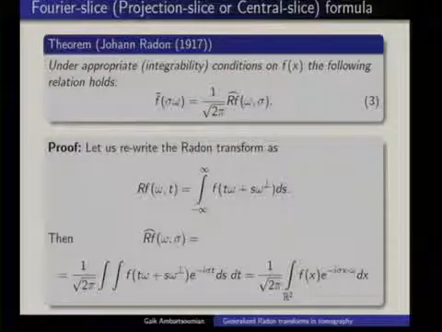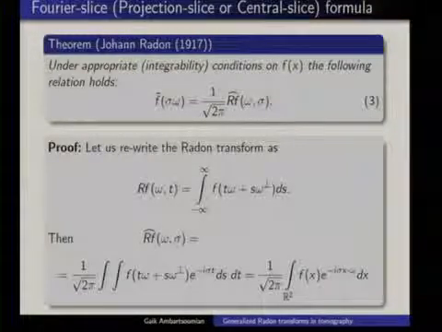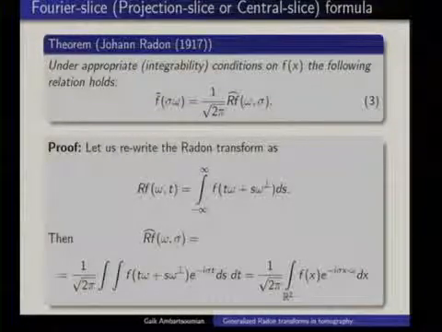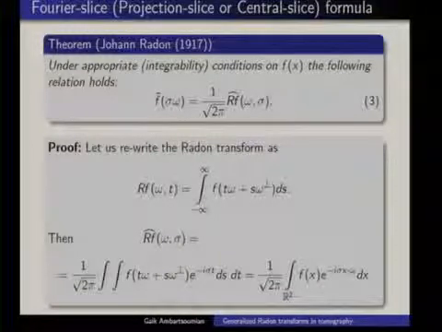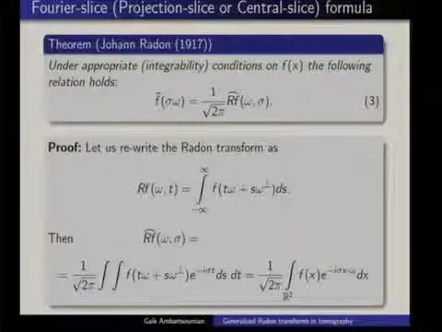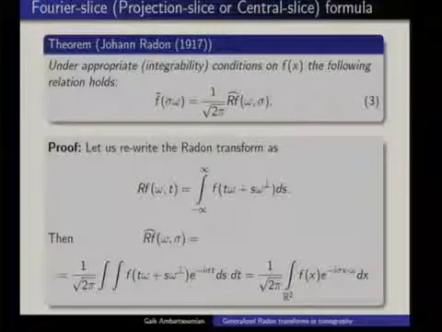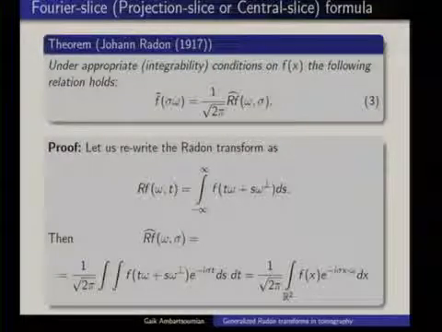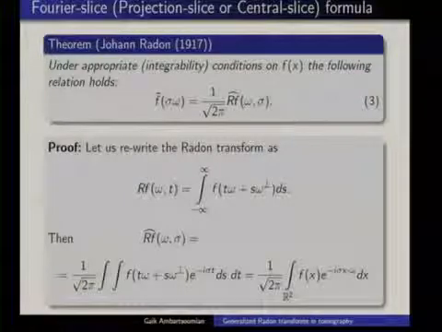And you can do a change of variables, basically a rotation. You'll see that you will have an integral of f. If you call this x, then some simple algebra will give you exactly that. And you will see that here you have a two-dimensional Fourier transform, but you need to add another copy of 1 over square root of 2 pi to have exactly the two-dimensional Fourier transform. That's why you'll have to add that on this side. That will be your proof. But if you put 1 over square root of 2 pi, then you would have 1 over 2 pi, which would be exactly the two-dimensional Fourier transform.